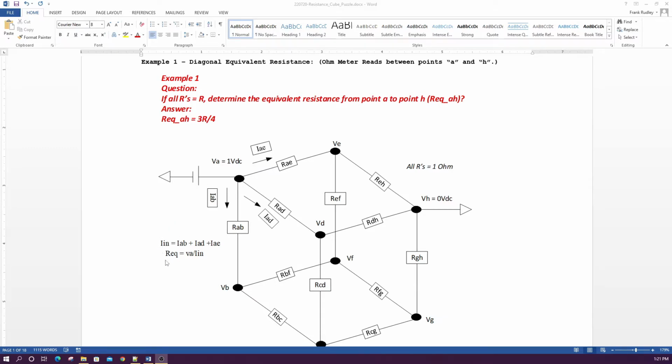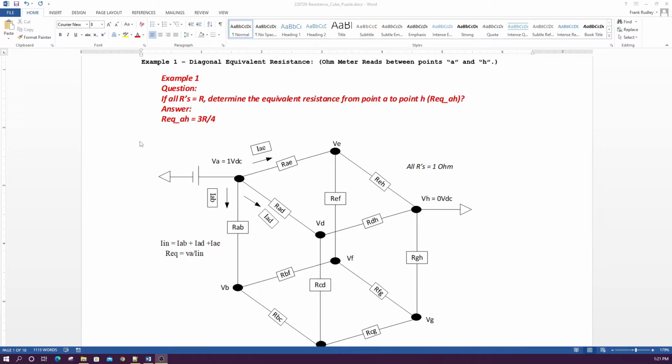So the equivalent resistance is going to be the voltage divided by the total current. So that's basically how the ohm meter computes the resistance by doing that measurement and doing that computation. So we're kind of going to do it in the same way, maybe as an ohm meter works.